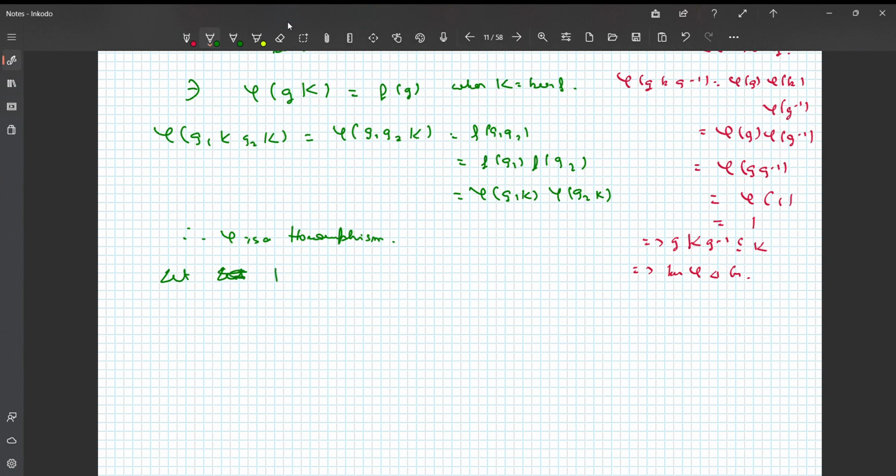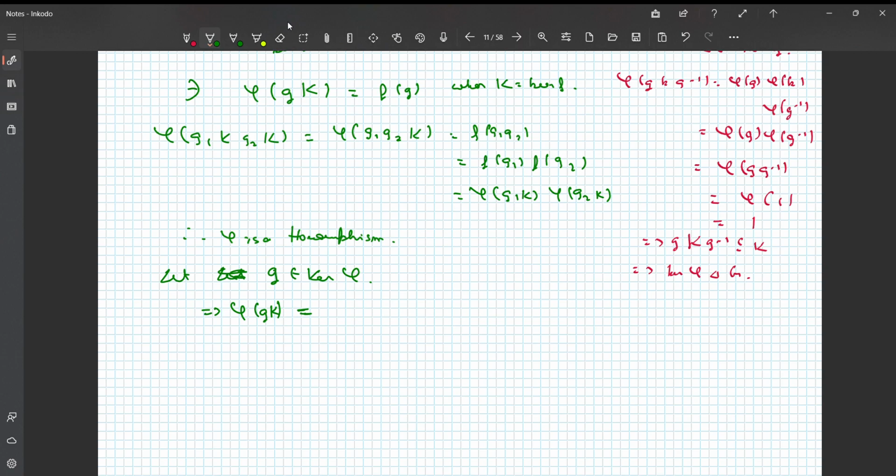Let G be an element from kernel of phi. Kernel of phi is obviously the set of all those elements from the quotient group G mod kernel of F such that it's mapped to identity. So that implies phi of GK must be equal to identity.